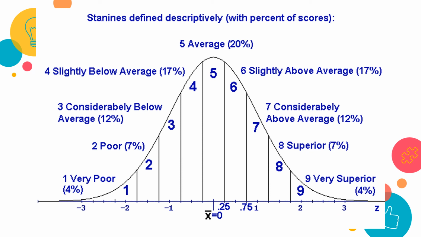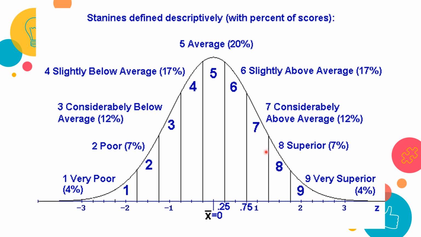So again, 1, 2, 3, based on the descriptive interpretation of STA 9, is called below average. And then 4, 5, 6, of course, the average, clear, no? And then 7, 8, 9, that is the above average. So it is easy.